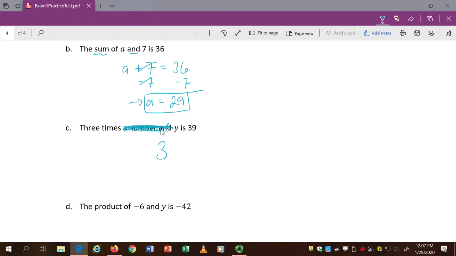I need to fix that. It should have just said 3 times y is 39. And then how would you solve that? You divide both sides by 3, so your answer would be 13 in that case.